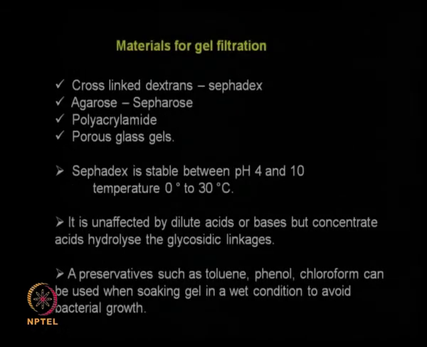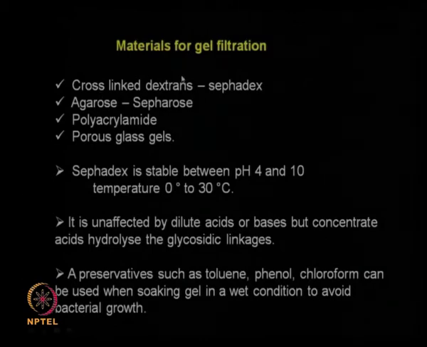So what are the materials used in gel filtration? We can use cross-linked dextran, Sephadex, as I mentioned before, which is highly hydrophilic. Then we can use agarose, Sepharose, we can use polyacrylamide type of gel, we can even use porous glass gels.